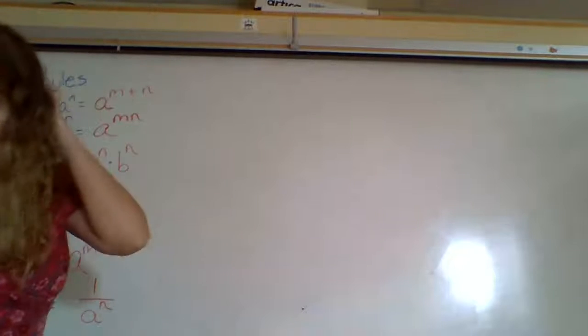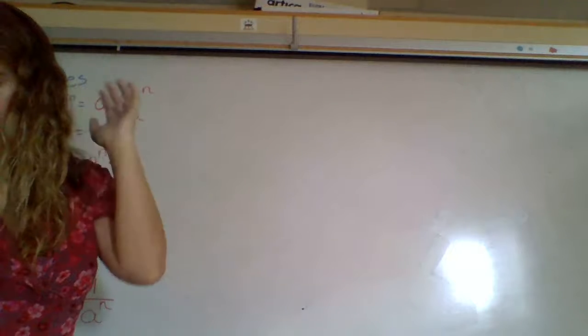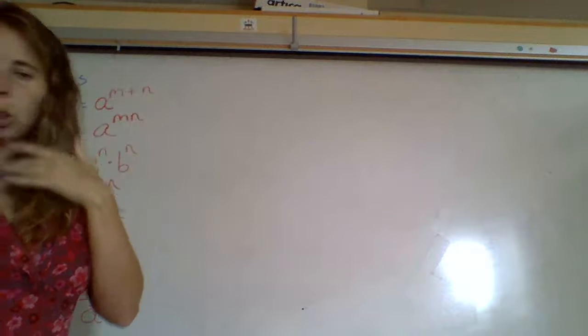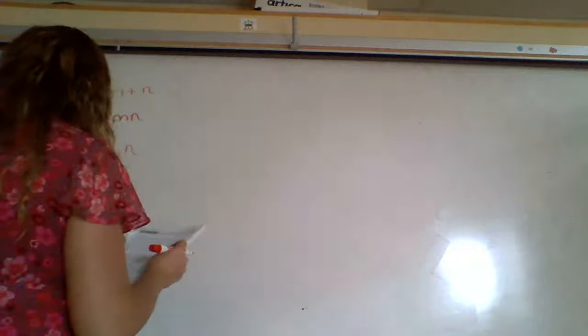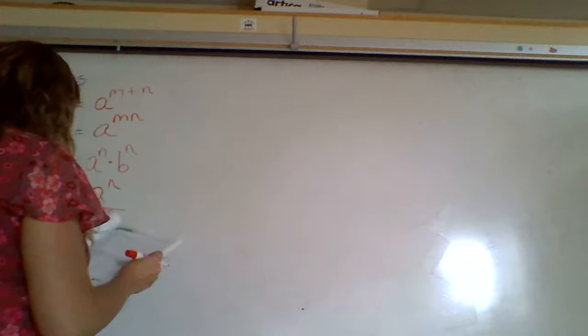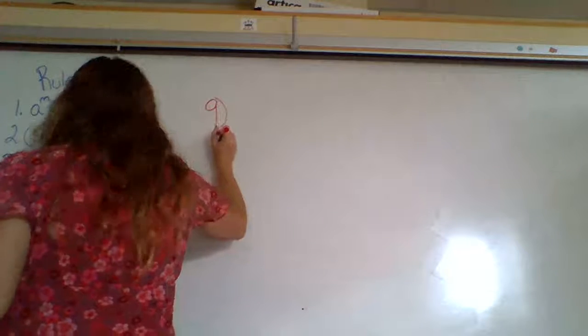Okay, moving on to the next section. You are given an exponential expression, and you have to write 3 equivalent ones. So let's do, I don't know, number 9, which is 13 to the negative 8.